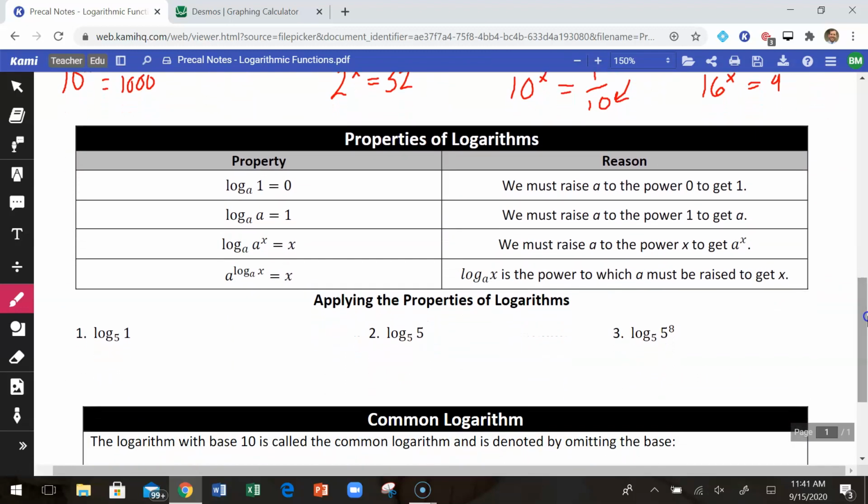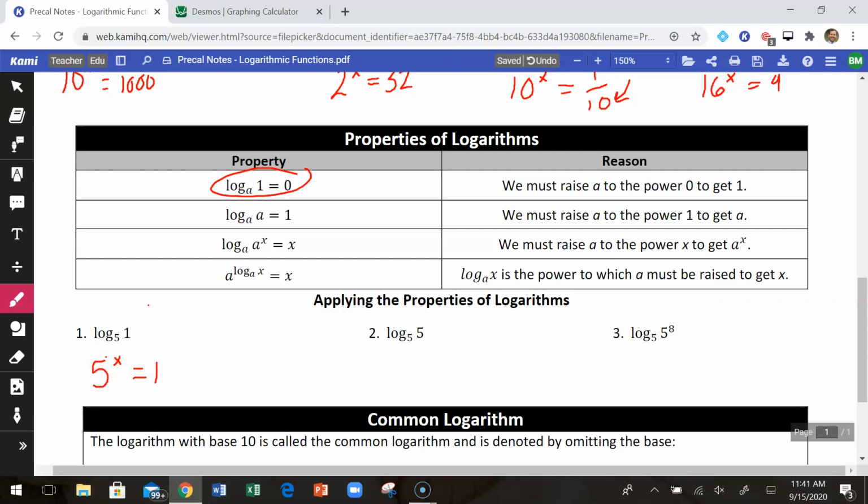So here we have some properties of logarithms. You can read through those, but I'm going to apply those here. If we have log base 5 of 1, again, you could know this property, which is this first one, or you could just think about it the way I was doing the ones up there. 5 to what power is equal to 1?